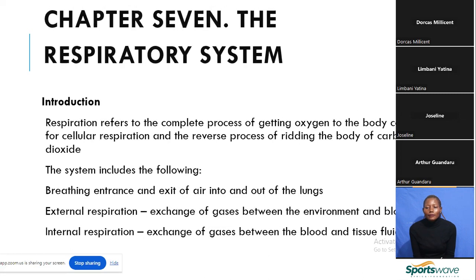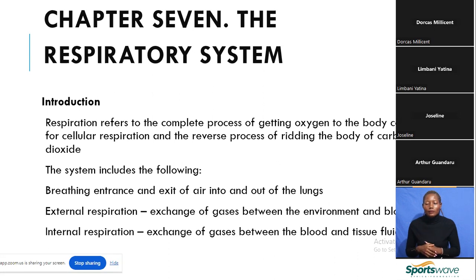Now, respiratory system, breathing. This is the system that is responsible for bringing in the oxygen. I just want to bring out the 2 areas of exchange. External respiration is where the exchange takes place at the lungs.